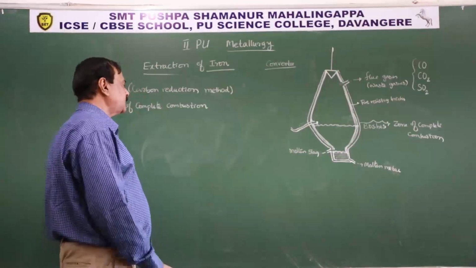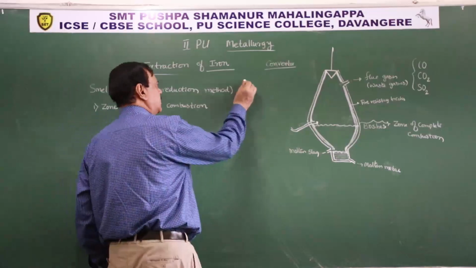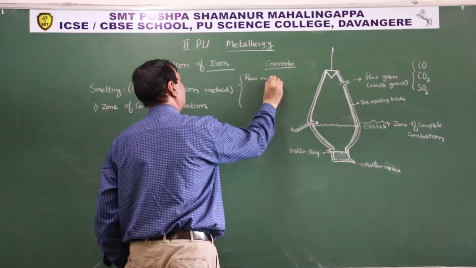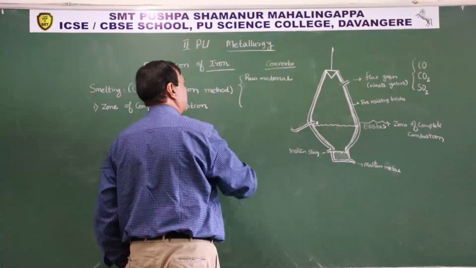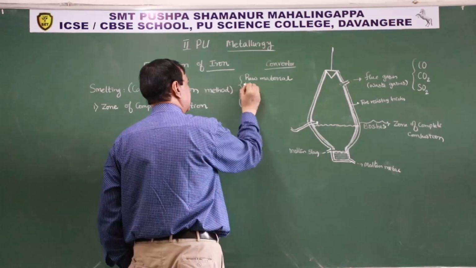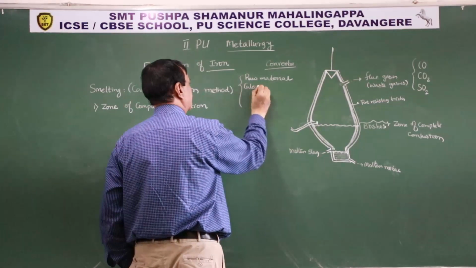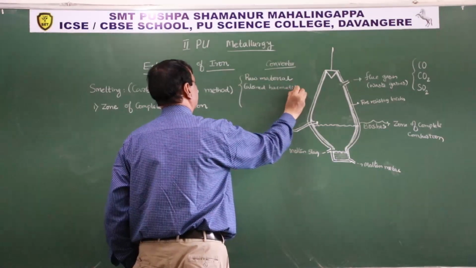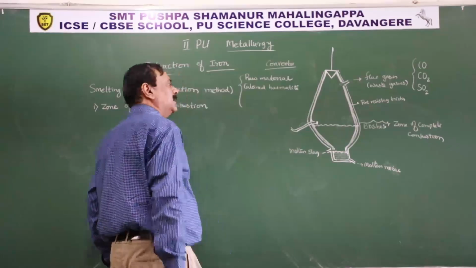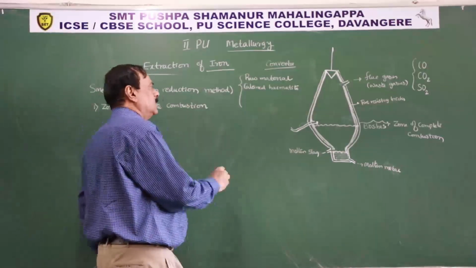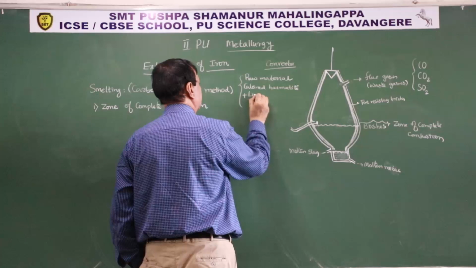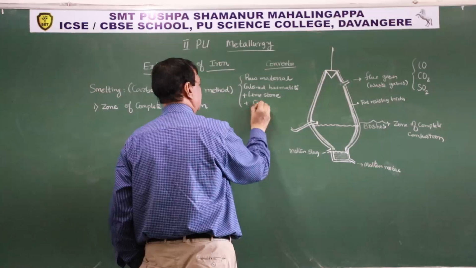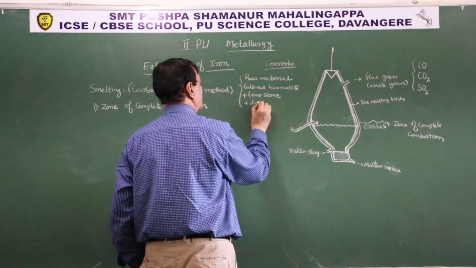Because the raw material, what about the raw material used? Raw material used is calcined hematite, calcined hematite plus limestone plus desulfurized coke.